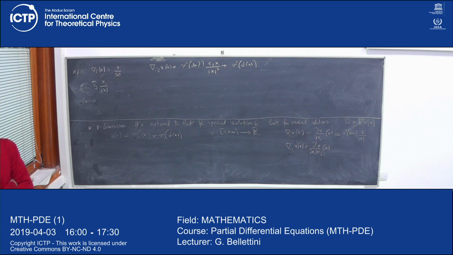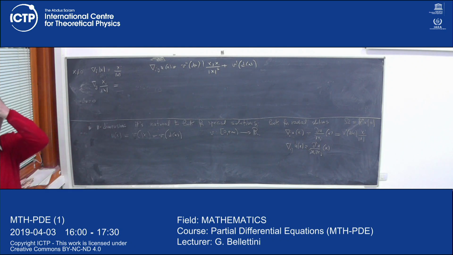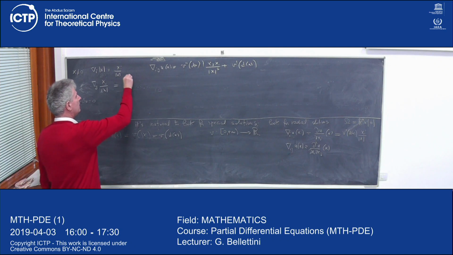What is it? Minus xi over modulus, and then again 1 over 2. Now you have to be careful, because there are two terms. Okay, let me write it for you, if you agree.